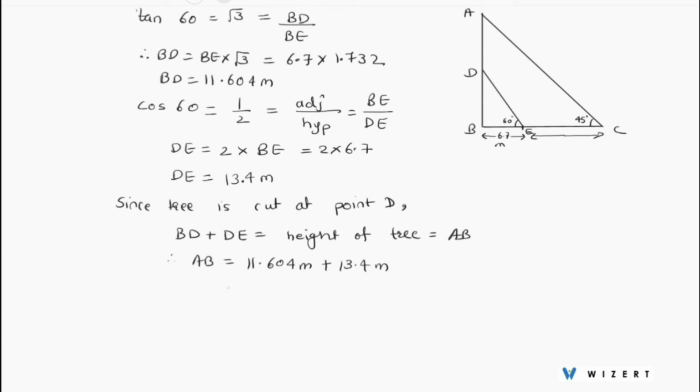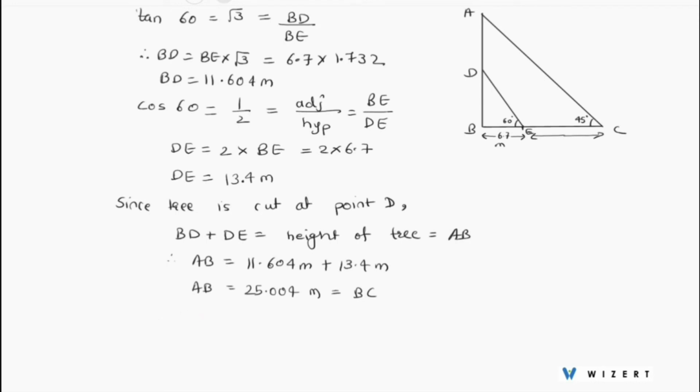So if we calculate this, we get 25.004 meters as the height of the tree, which is equal to AB. And from above we know that AB is equal to BC, since this is 45 degree. So we have BC as 25.004.